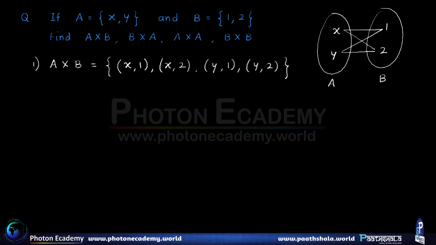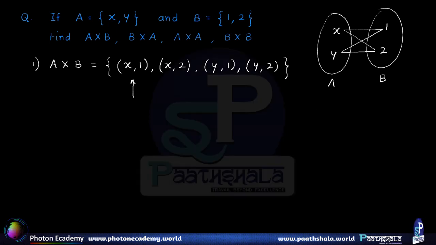Since we have four connections, we have four elements in the Cartesian product. Just remember, by an element of the Cartesian product we mean the ordered pair. An entire ordered pair is one element of the Cartesian product.